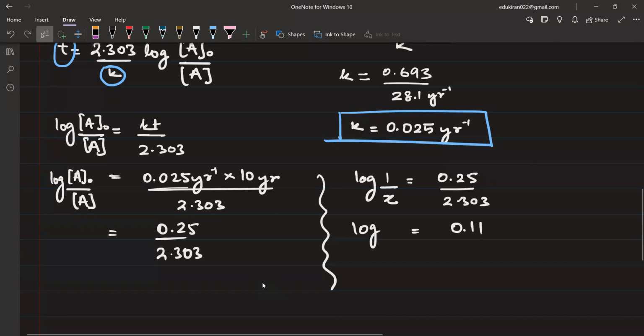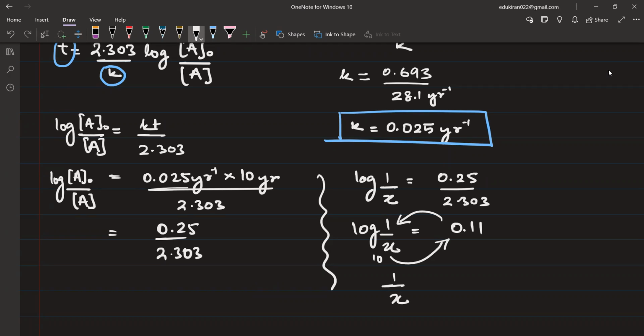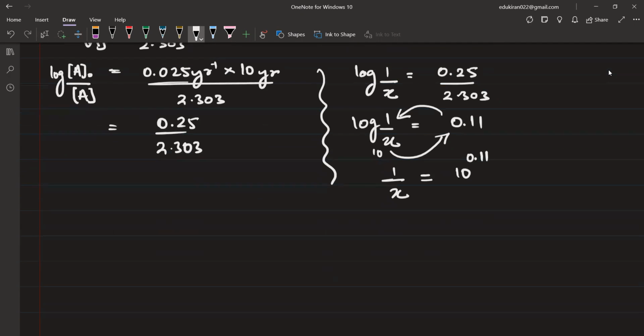So this is the value of log 1 upon X. Okay. So here we have 10 to the power 0.11 will be equal to, so we can write 1 upon X is equal to 10 to the power 0.11. Right? Yeah, I think that's right. Now X will be equal to 1 upon 10 to the power 0.11.